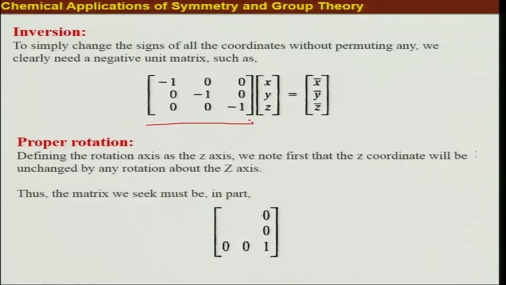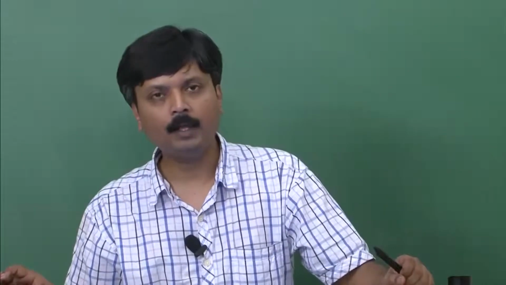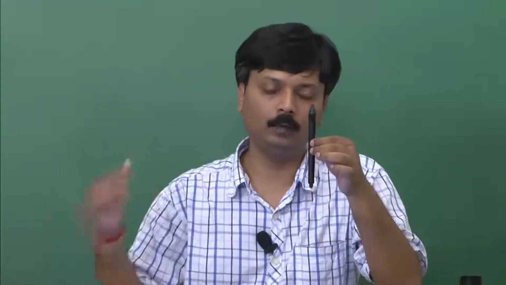Now we will look at the proper rotation. This is one of the most important and vital. So let's look at this proper rotation and how we can find out the matrix representation for proper rotation. Now here also we will take a general point having the same x, y, z coordinates, and we will make another assumption, that the proper axis of rotation that we are going to deal with is along the z axis.